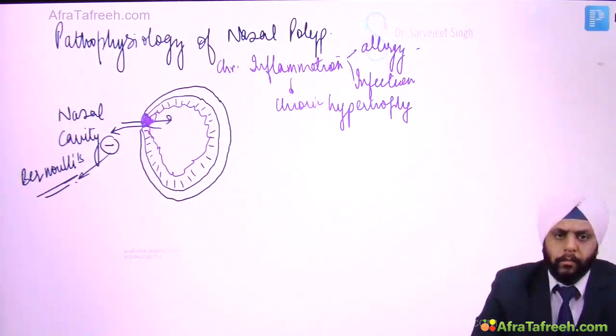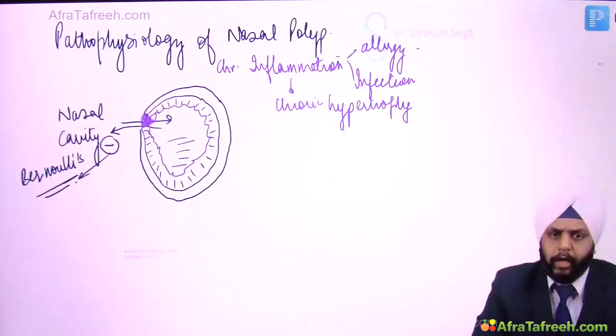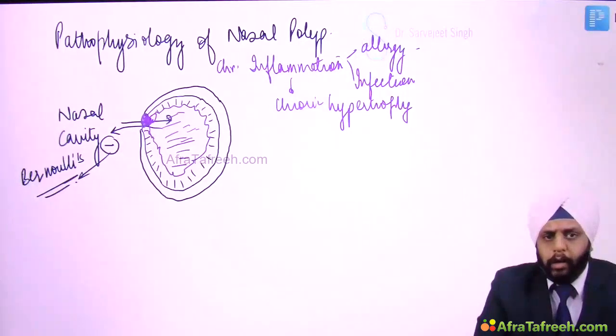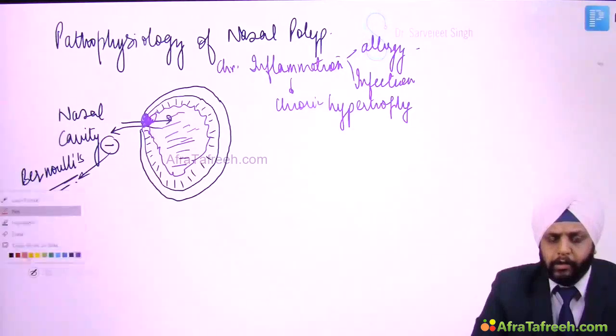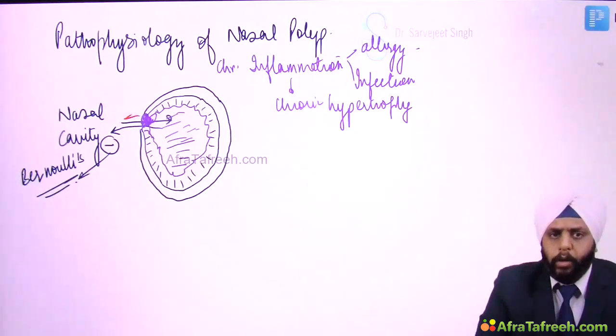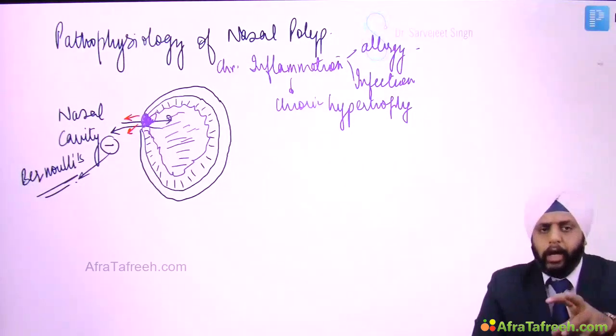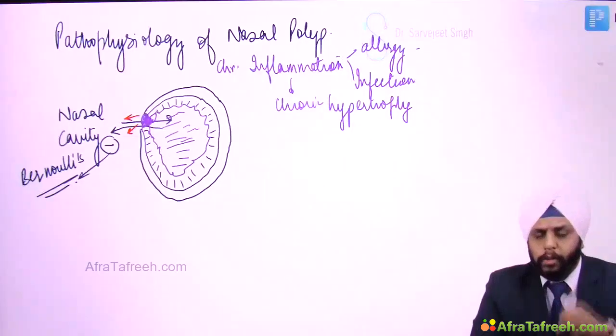Now the mucus secretion will collect inside the sinus. Anything else? Because the sinus opening is blocked and there is a negative pressure, this negative pressure will apply a pull over the opening and try to pull out the mucosa.